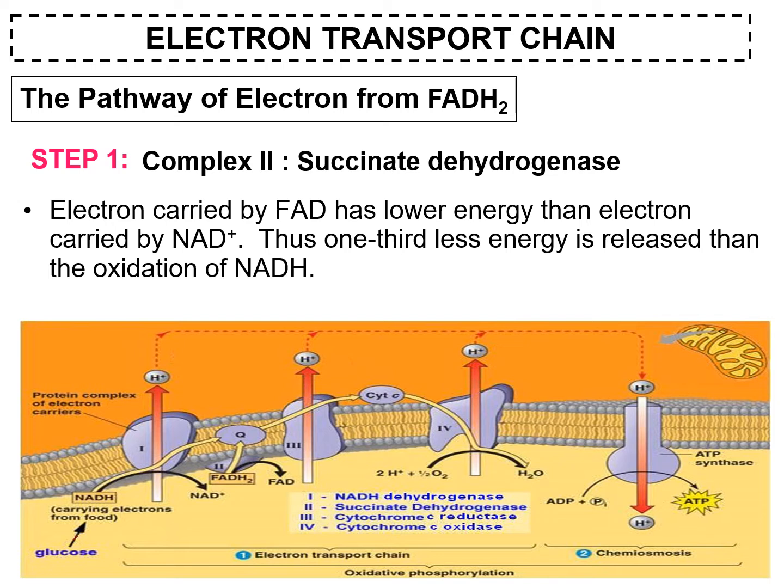The electron carried by FAD has lower energy than electron carried by NAD+. So remember, FADH2 is produced from Krebs cycle. Thus, 1/3 less energy is released than the oxidation of NADH.